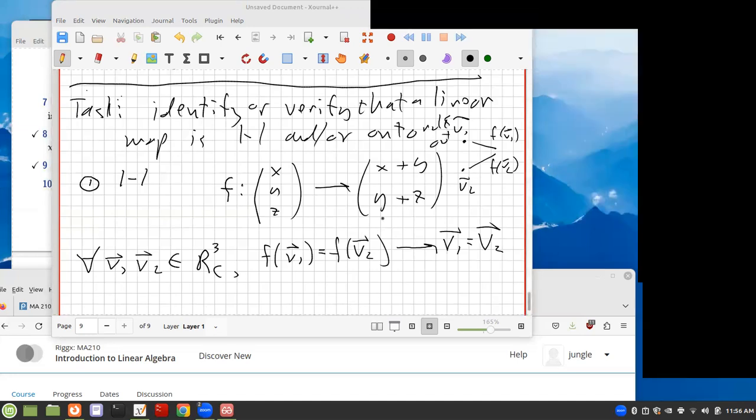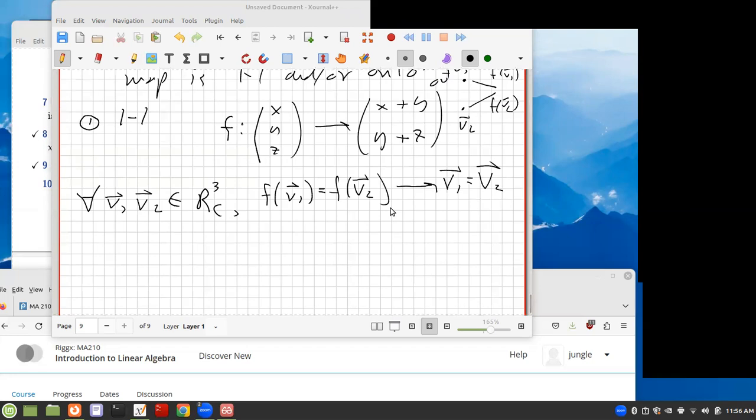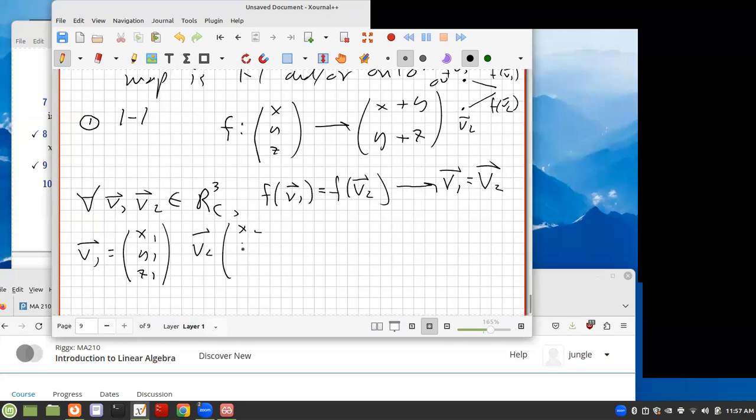Okay, so now given a concrete map, how can we verify that this map is one-to-one or not one-to-one? Well, we can take two vectors, v1 and v2, right? (x1, y1, z1), there's v1. Here's the second vector, which has two different sets of components. And then we can form f(v1) here, right?